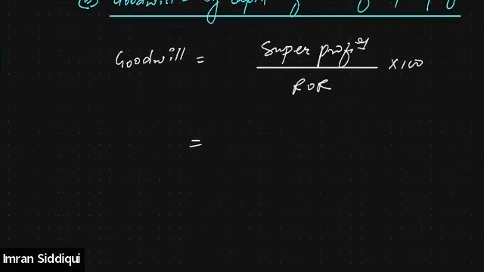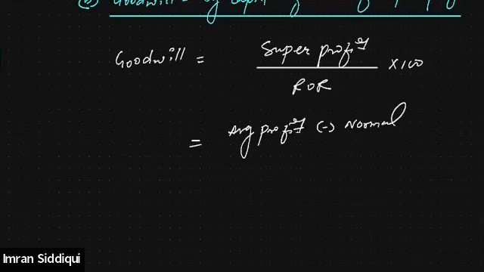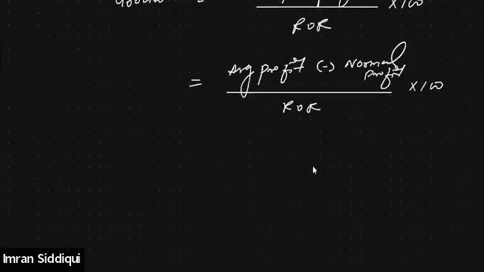Super profit is determined by subtracting the normal profit of the industry from the average profit of the firm. So average profit of firm minus the normal profit of industry, divided by ROR into 100. This is how we determine the goodwill.